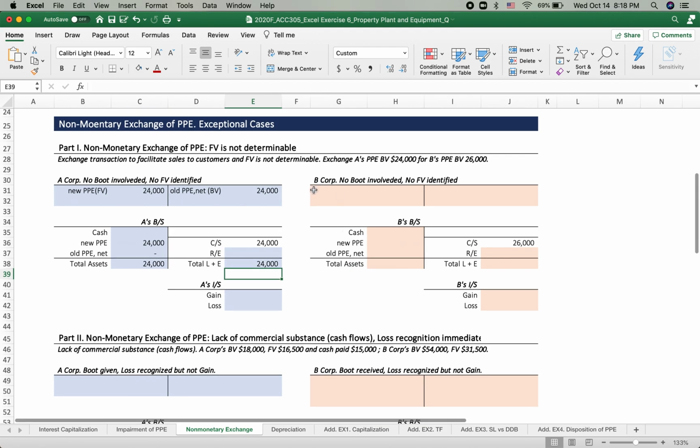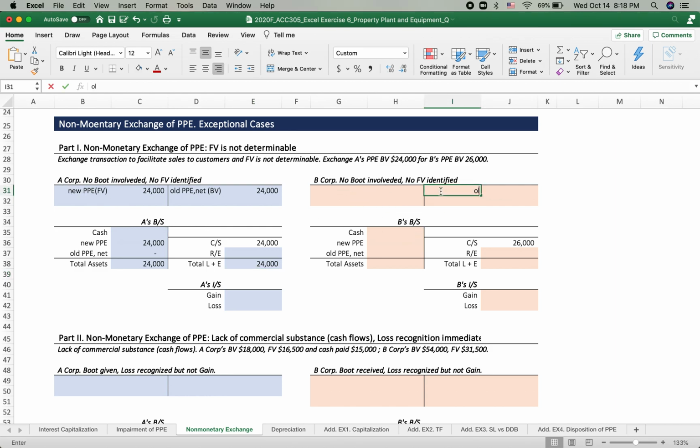So from the perspective of the B corporation, no boot involved, no fair value identified. In the same way as the A company, the B company knows the old PP&E net book value, right? How much was that? That was $26,000, right? $26,000.